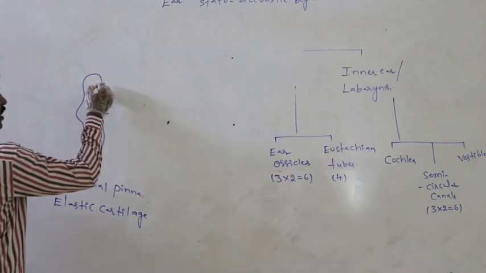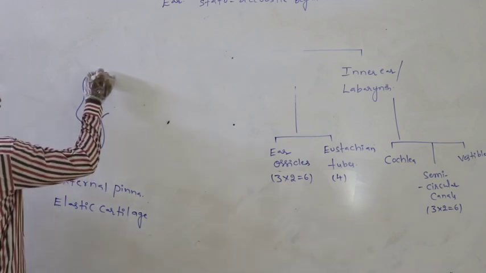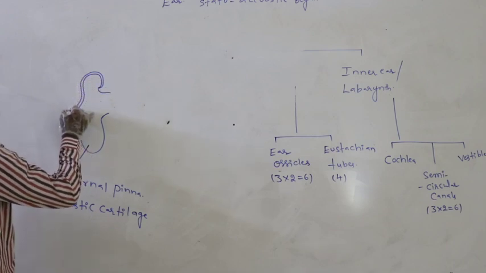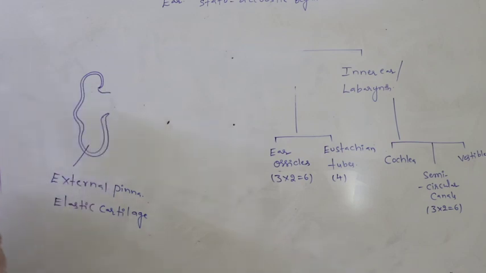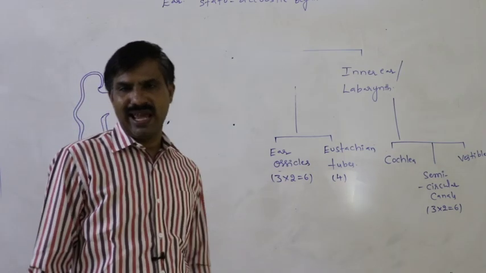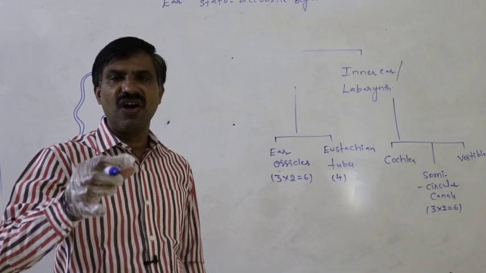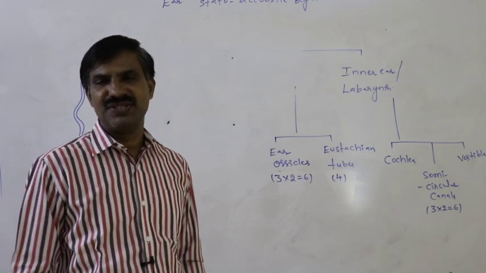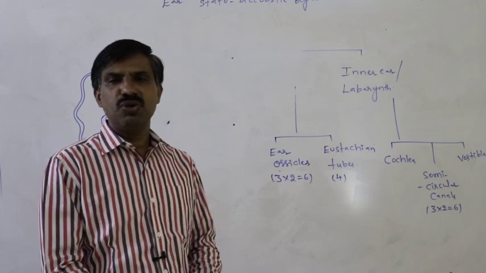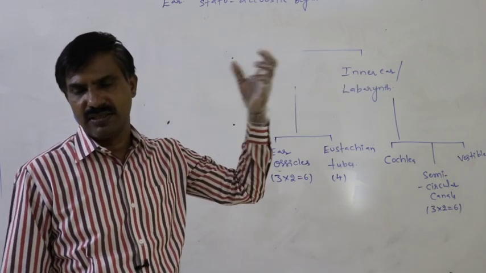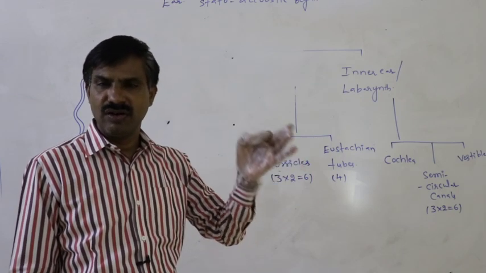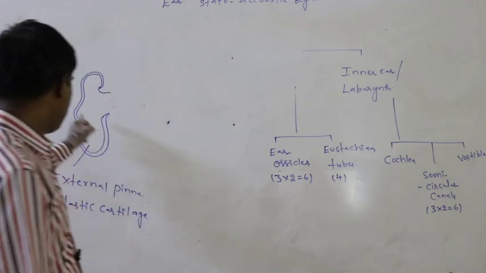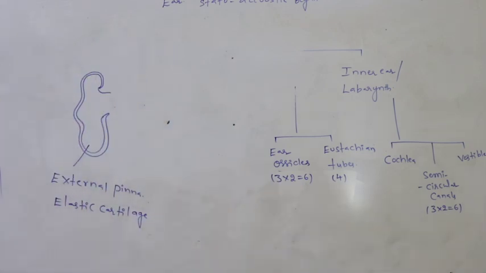Again, this external pinna is covered with skin. It is a flap-like, lid-like structure which is useful for receiving sound waves from all directions.